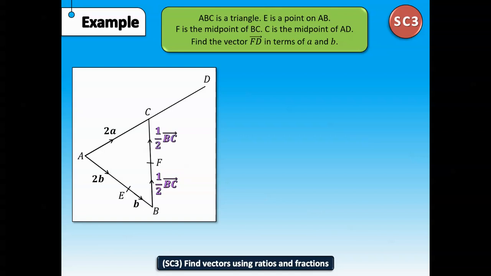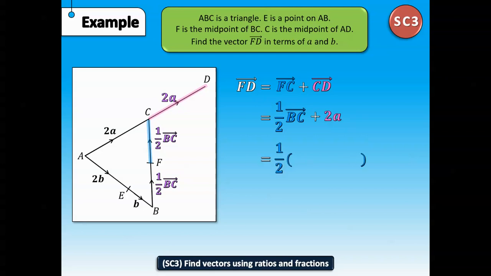Now, because F is the midpoint, we can say that B to F is half of BC, and F to C is also half of BC. Because C is the midpoint of AD, C to D must also be 2A. So we want to go from F to D. So we can go from F to C, and then from C to D. So that's a half of BC plus 2A.